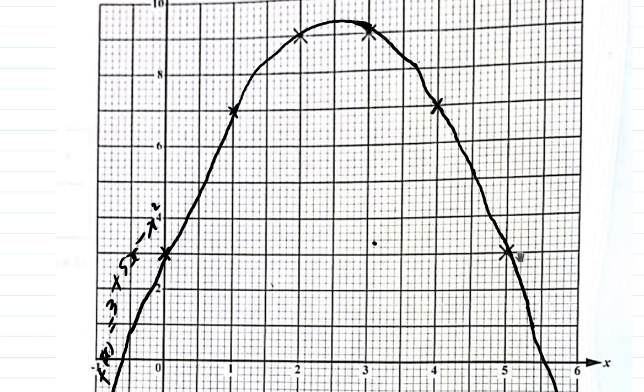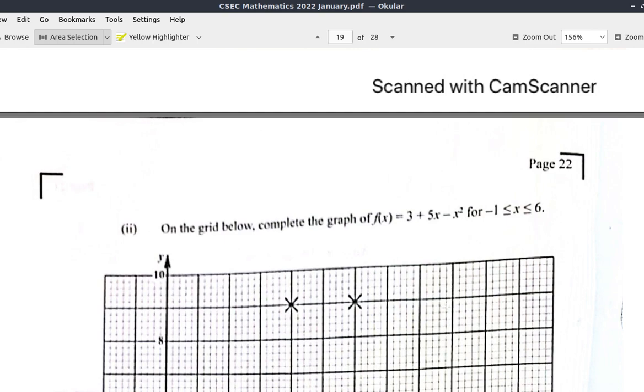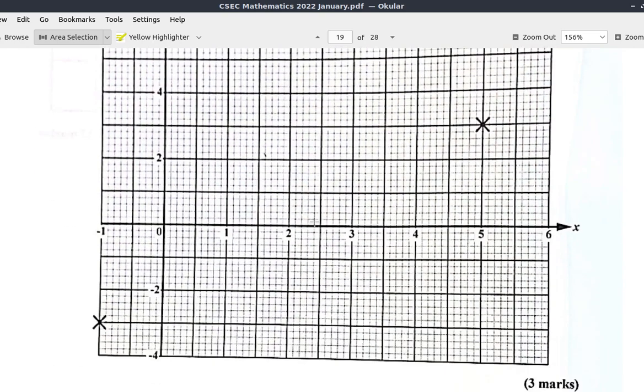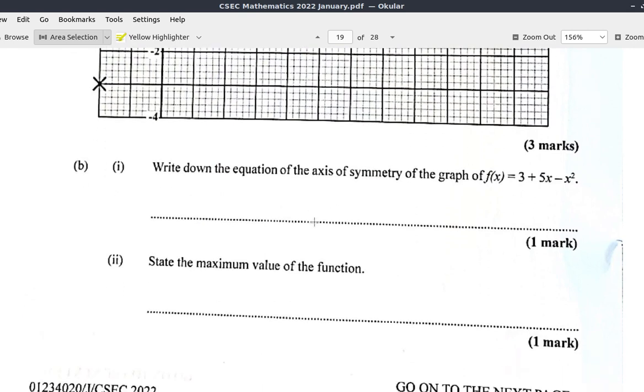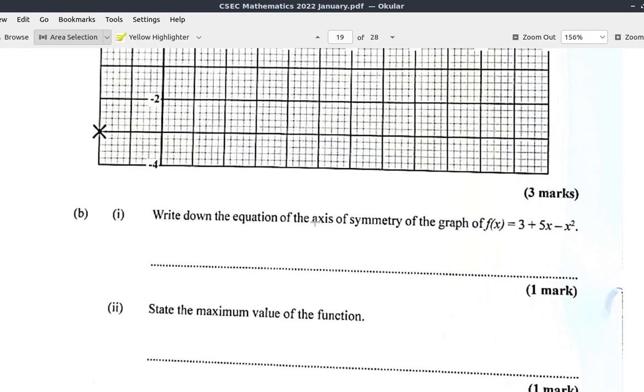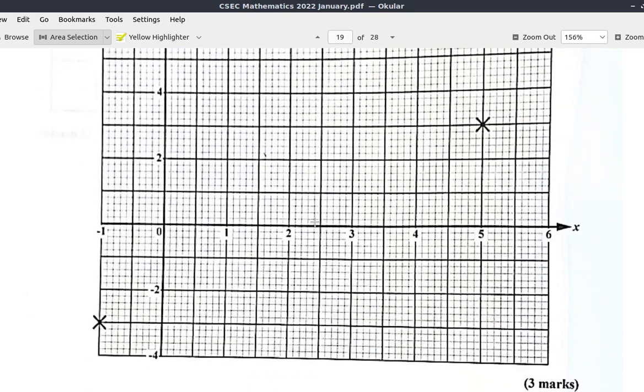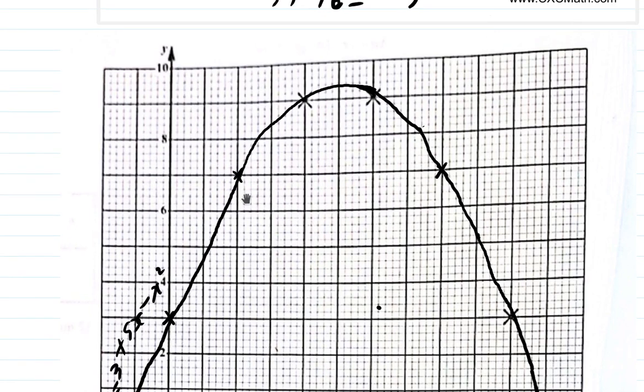But then, so what we have here, we're going to state the maximum value of the function. The maximum value would be the value of y that's on top of this hill.